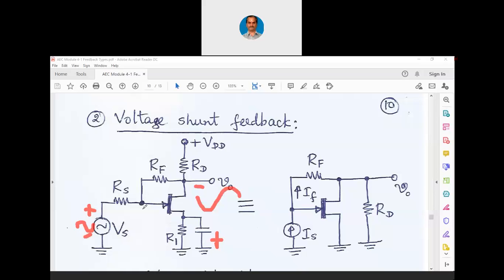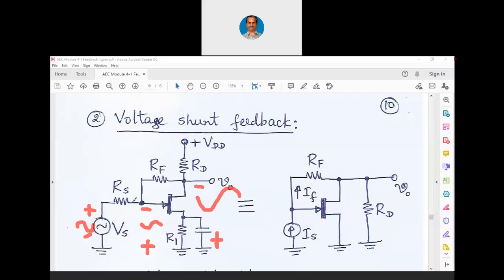That means this is minus and plus, because the output is minus and plus. So we will have a small portion here at the gate. Now you can see it is a voltage shunt feedback only. Why? This input source and this feedback voltage are in parallel.